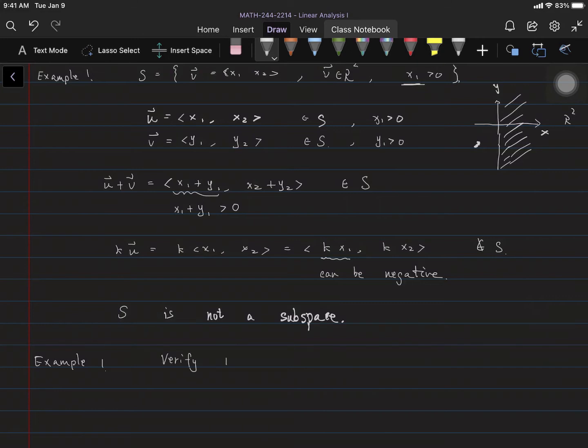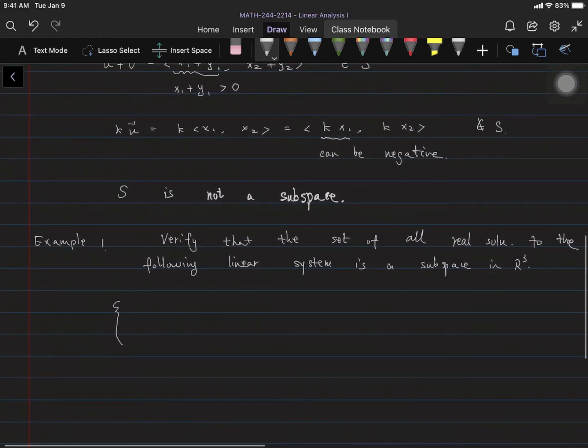Verify that the set of all real solutions to the following linear system is a subspace in R3. Let's take a look.